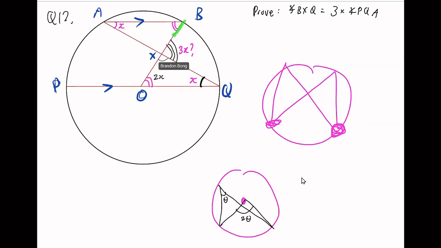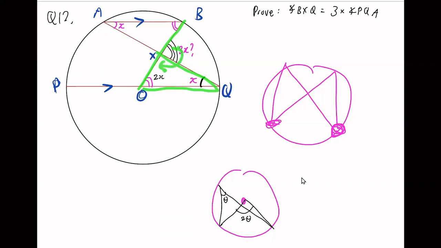Then can you see the relationship, 180 minus 3x, or actually exterior angle, equals to the sum of what? If this is exterior, what's beside it?